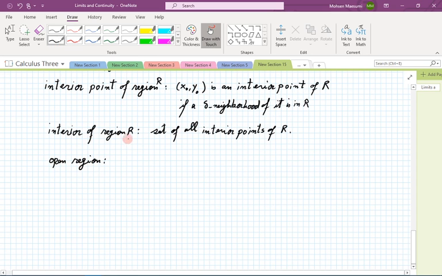If the interior of a region is the entire region itself, then we call it an open region. Every point of it, so if every point of a region is an interior point, then we call it an open region.